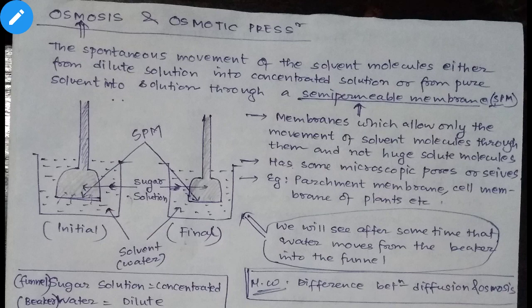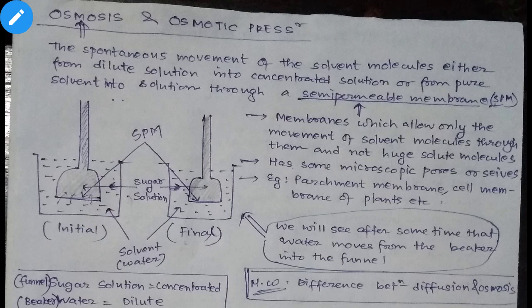These are those membranes through which the solvent molecules can pass, and the small minute solute molecules can also pass, but the large solute molecules cannot pass. So the semi-permeable membrane acts as a barrier to the huge solute molecules.